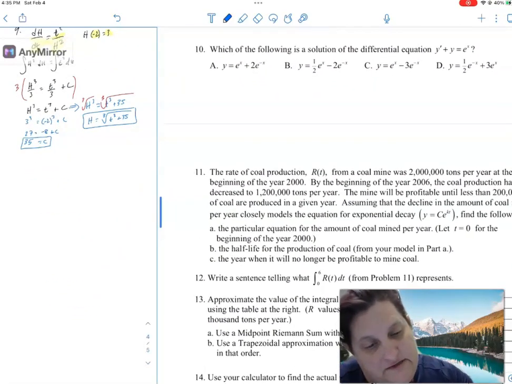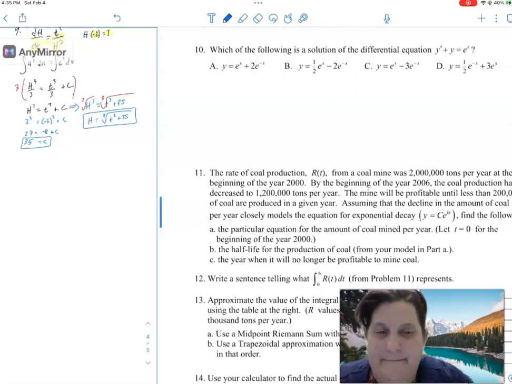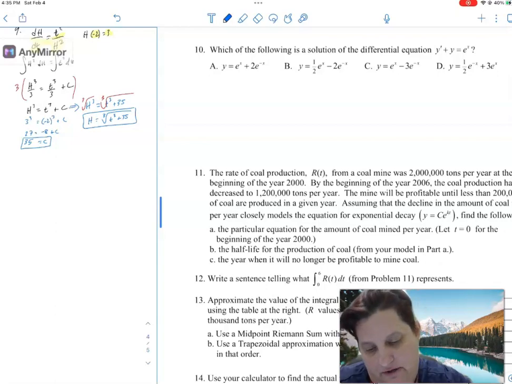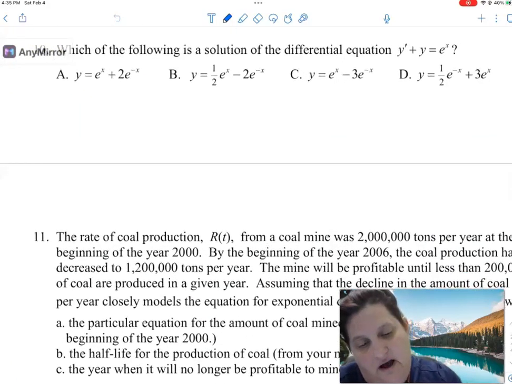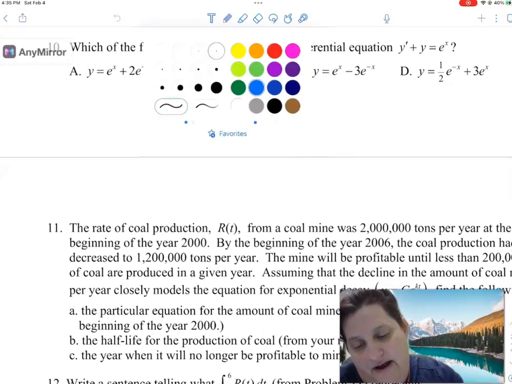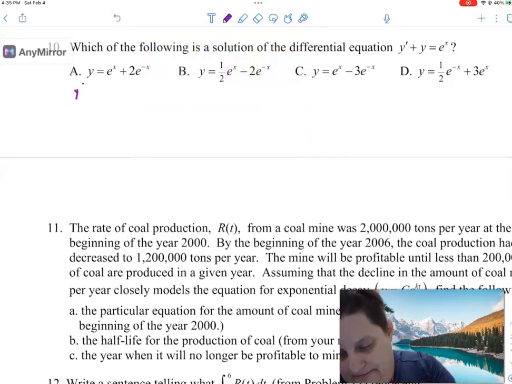Which of the following is a solution? Now, you can't really separate variables on this problem, so here's how I would do this one. For each of these, I'm going to find y prime. For this one, y prime is e to the x plus 2e to the negative x times the negative.